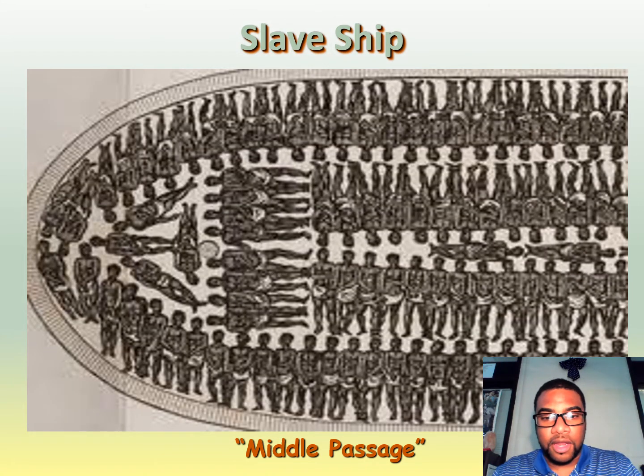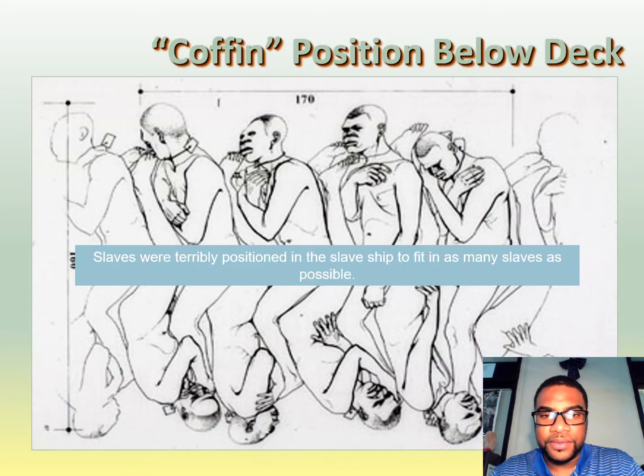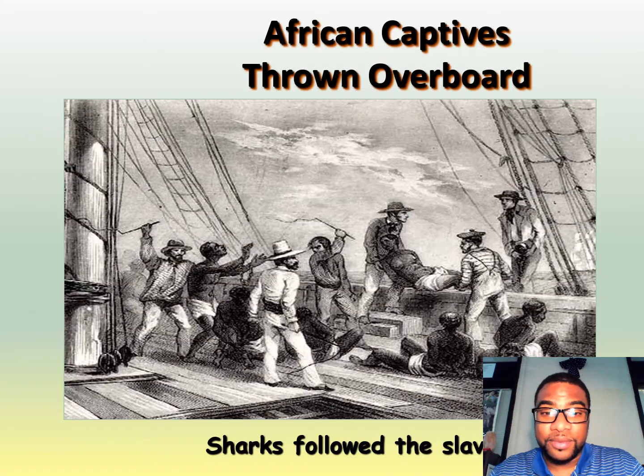Here is another example of how they transported people, and you also have to imagine that this led to certain sicknesses with those people who were kind of stacked on top of each other, so to speak. And this is the coffin position below the deck. The slaves were terribly positioned in the slave ship to fit in as many slaves as possible. So this is terrible, of course, and horrendous as well.